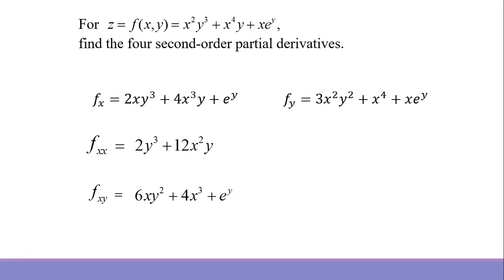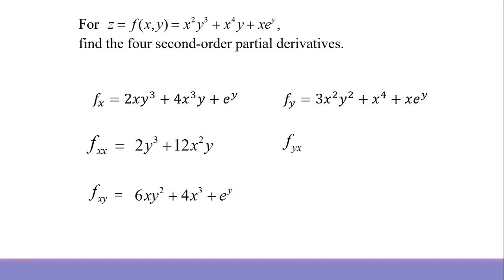In the second term, x to the fourth y, x to the fourth is a constant times the derivative of y, so that's just x to the fourth. And in the third term, x is considered a constant times the derivative of e to the y, which is e to the y. So the derivative of x e to the y is still x e to the y.